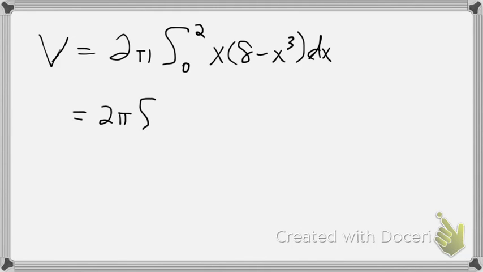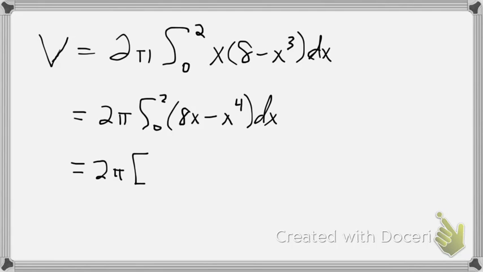So this is 2 pi, integral from 0 to 2, of 8x minus x to the 4th dx. You guys agree? So 2 pi, antiderivative of 8x, 4x squared, and then minus, for x to the 4th, that's 1/5 x to the 5th. Going from 0 to 2.